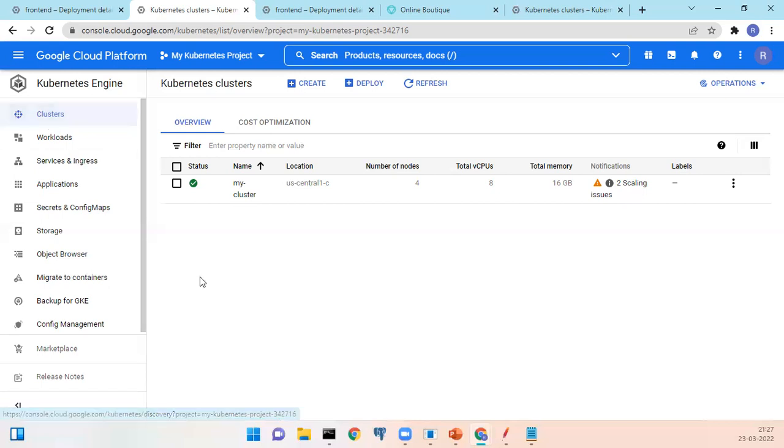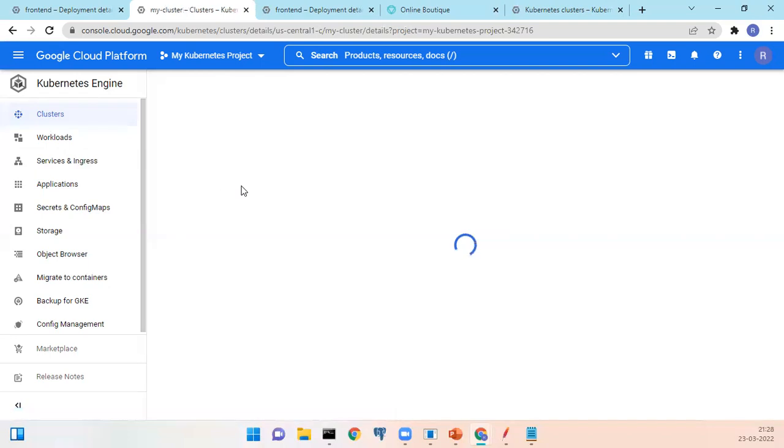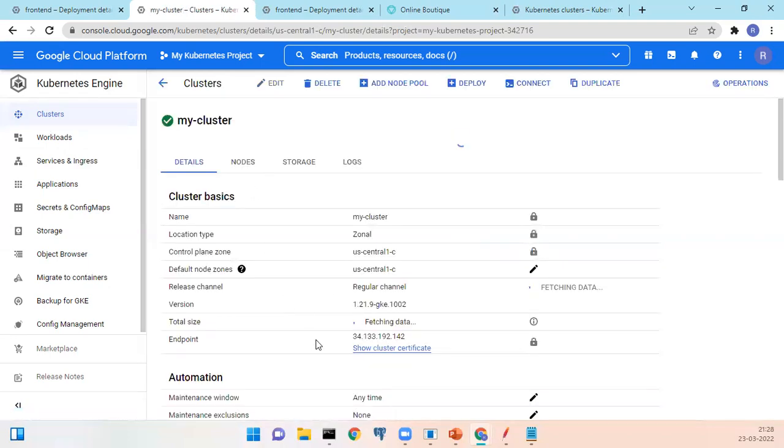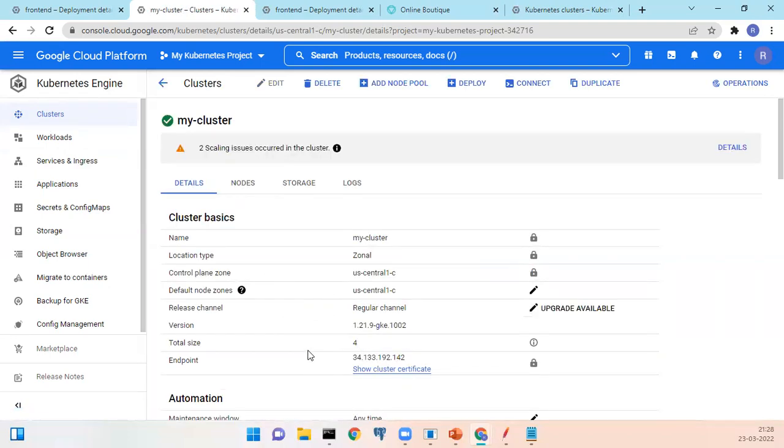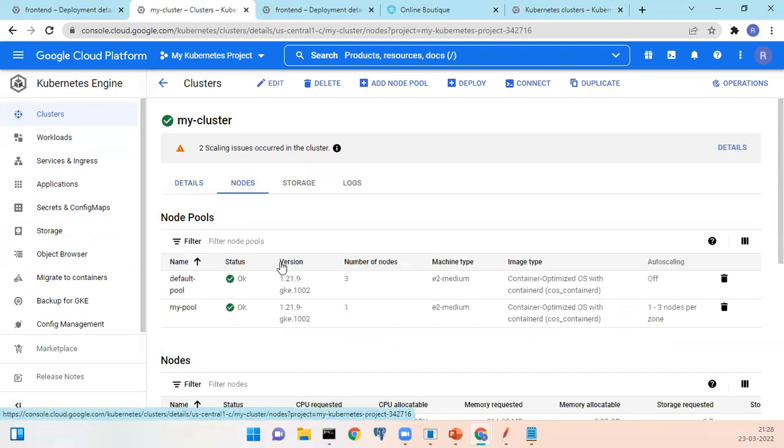Yeah, so let us start with the clusters. The name of the cluster is my cluster. If you open my cluster, then we can see the specifications of the cluster. Here is the nodes section. Here we have two pools. One is the default pool, another one is my pool.